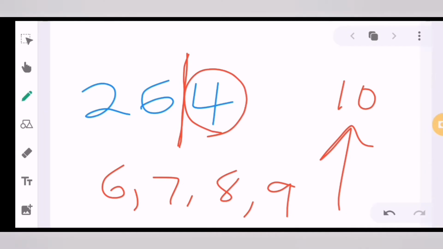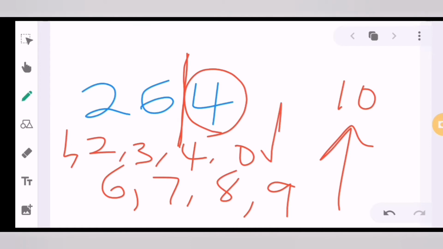However, if the number is 1, 2, 3, 4, or even 0, then you are going to round it down to 0. Got it?